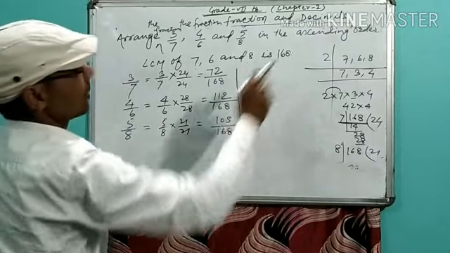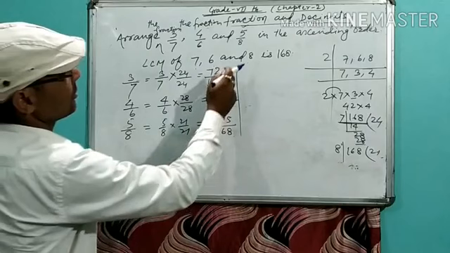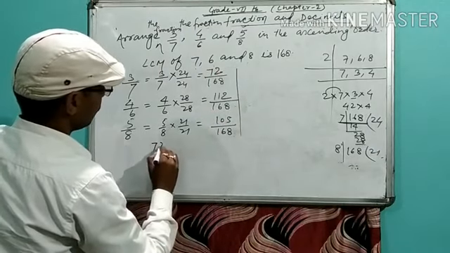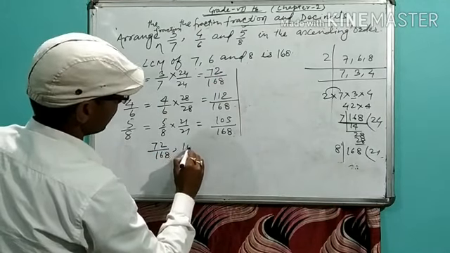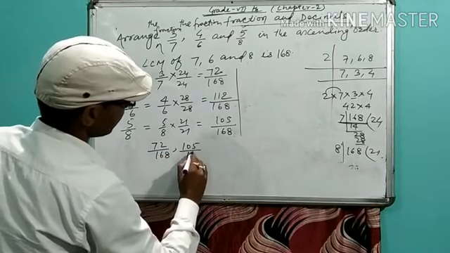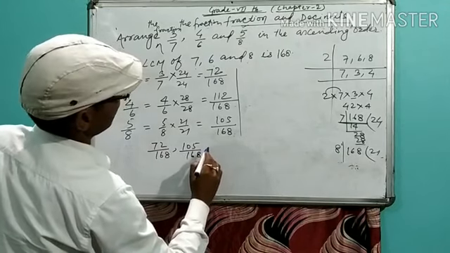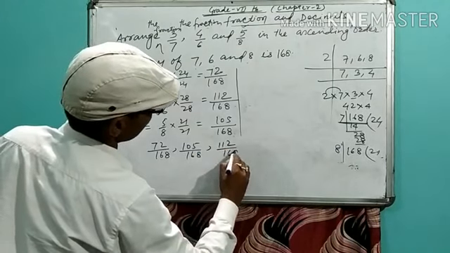You have to write in ascending order, smallest to the greatest. Which is smallest? This, then this, then this. You will write here 72 by 168, then 105 by 168, then 112 by 168.